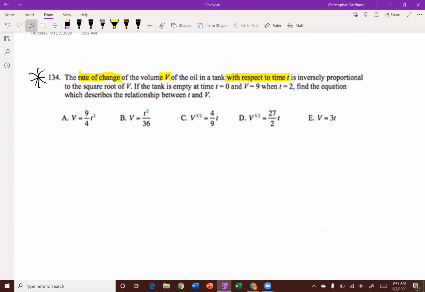The left side of the equation is referring to the rate of change of volume with respect to time, aka dV/dt.